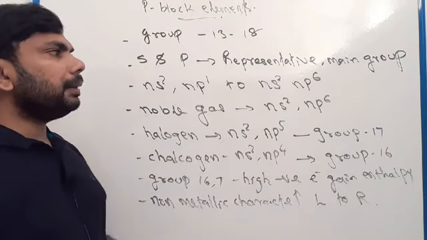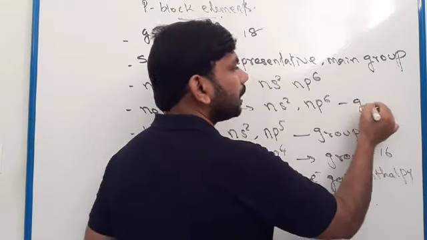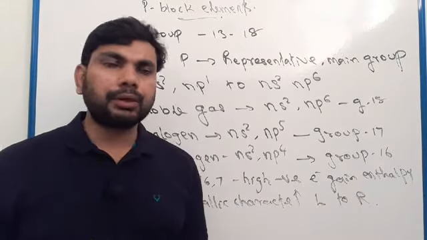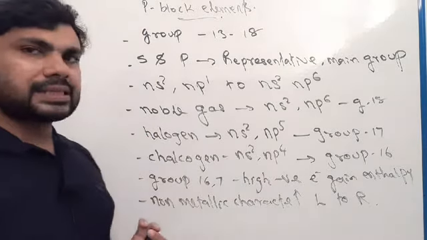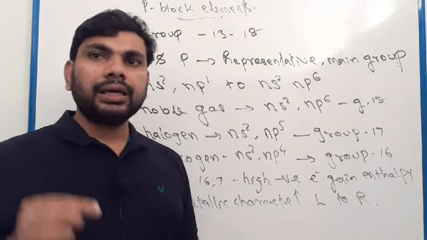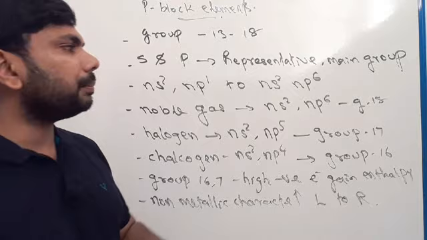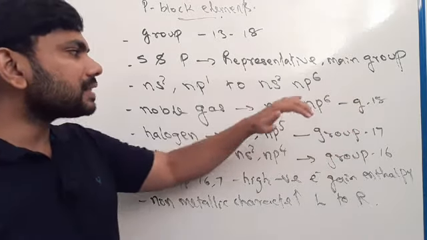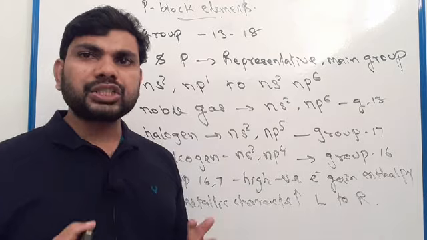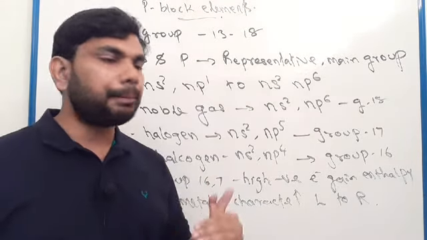Here in P block elements, group 18 elements are called noble gases or inert gases. Helium, neon, argon, krypton, xenon are the elements in group 18. They have complete outer shell electron configuration ns2 np6.